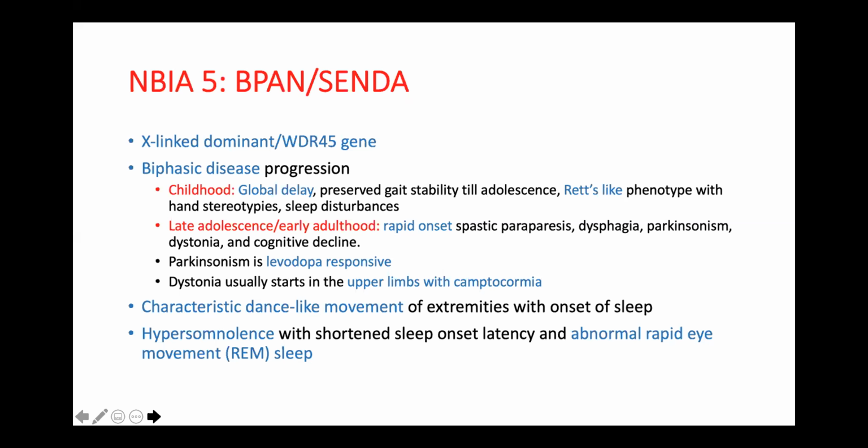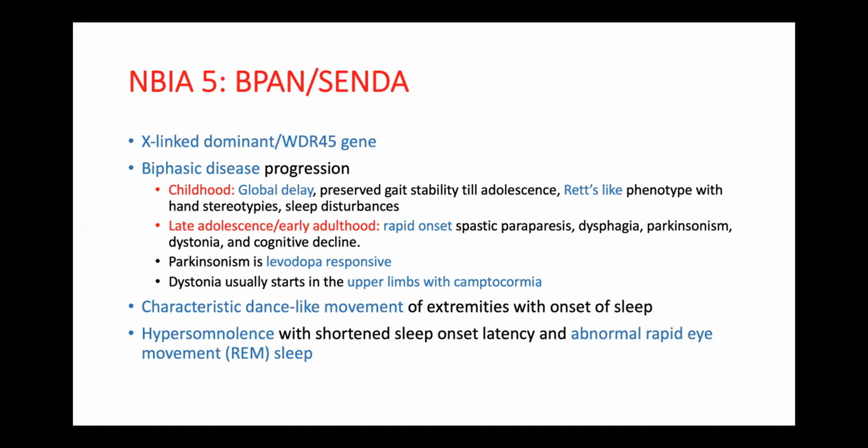BPAN or SENDA is a very unusual presentation in the sense they have a biphasic disease course. We had a child who presented at 14 years of age with global delay. Predominantly, the child had cognitive issues, but very well preserved gait, and had sleep disturbances and some hand stereotypies. Later on, she presented to us around 21 years of age with slowly progressive Parkinsonism and repeated falls, and she was responsive to levodopa.